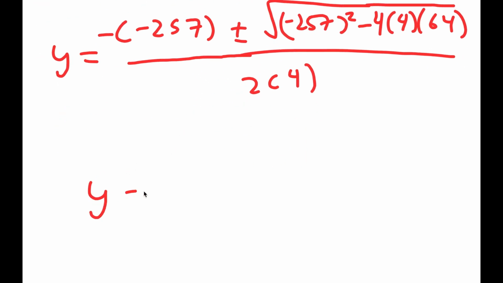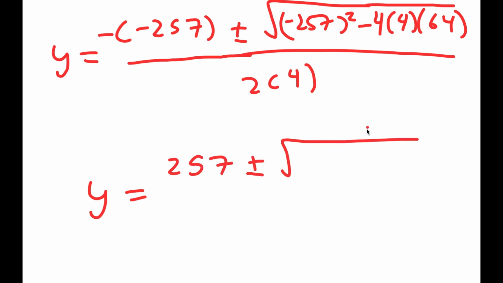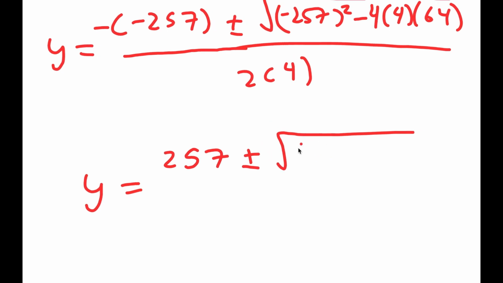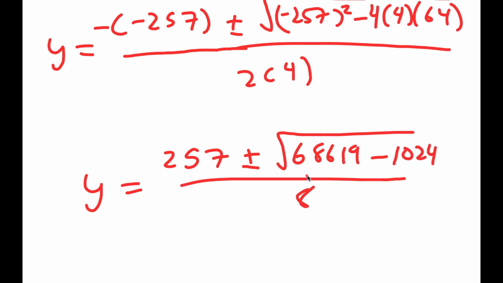Now, this turns into y equals positive 257 plus or minus the square root of negative 257 squared, which, if I put in my calculator, is equal to 66,049 minus 16 times 64, which is 1,024, squared that all over 8.